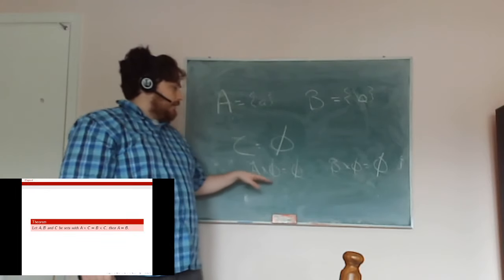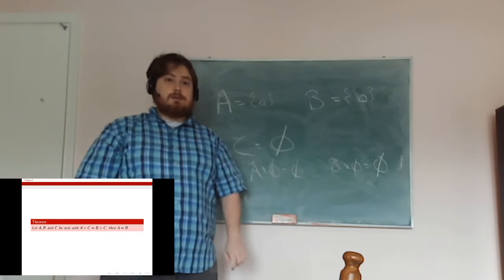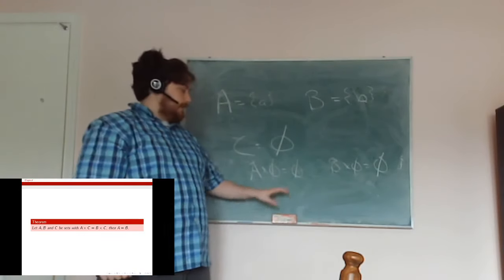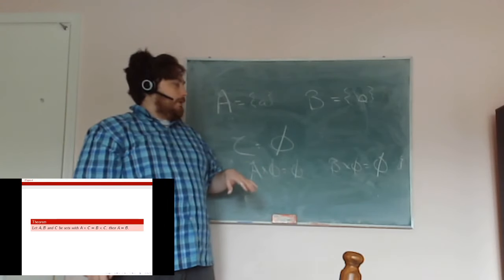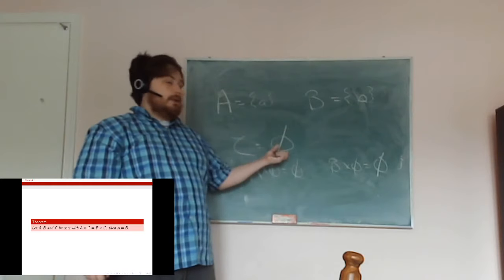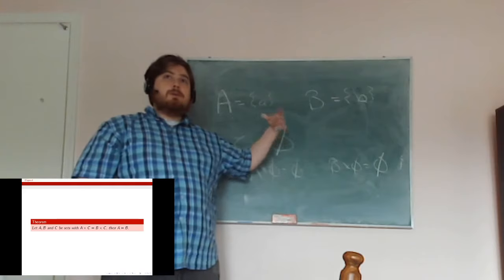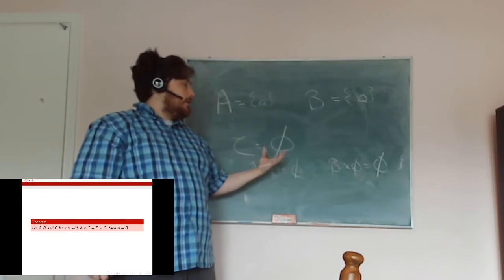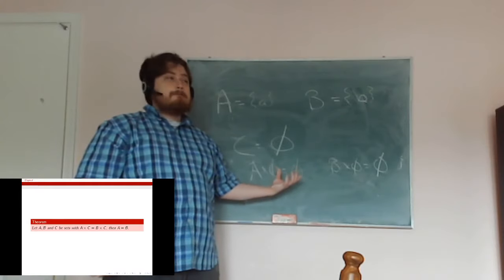So actually we get A cross the empty set is B cross the empty set. Now we wanted to show that for any C, if A cross C was equal to B cross C, A is equal to B. But that's not necessarily the case if C is the empty set. So even though this one seemed to be true in general, it works out most of the time, but it doesn't work out if C is the empty set.